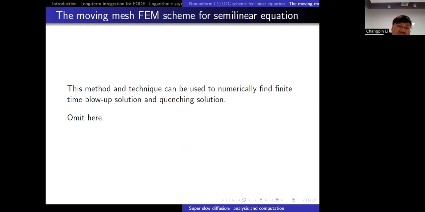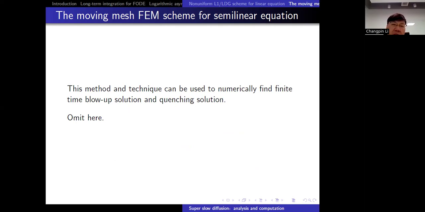This method and technique can be used to numerically find a finite time blow-up solution and a quenching solution, but we omit the details here. We only show the sharp solution for the system.